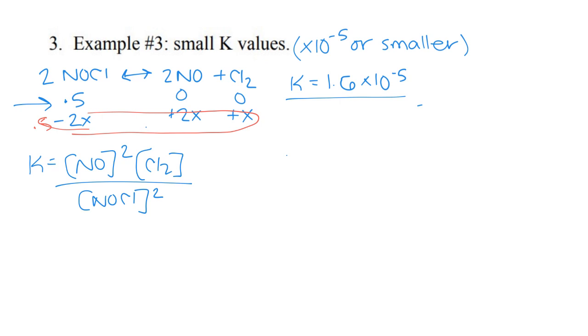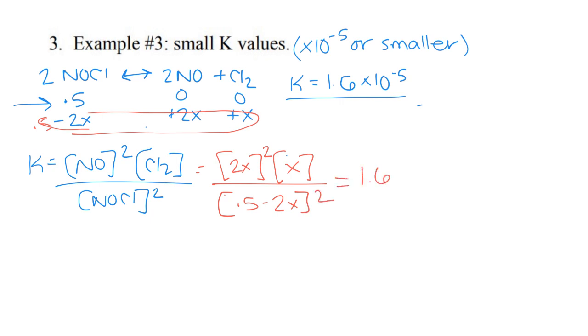When I take those and plug them into my K expression, I'm going to end up with 2x squared and then x. On the bottom, I'm going to end up with 0.5 minus 2x squared. And all of that is equal to my K value, 1.6 times 10 to the negative 5. And my goal here is still to solve for X so that I can plug it back into my ice table and solve for the concentrations at equilibrium.